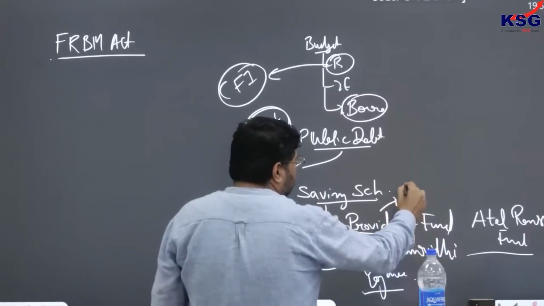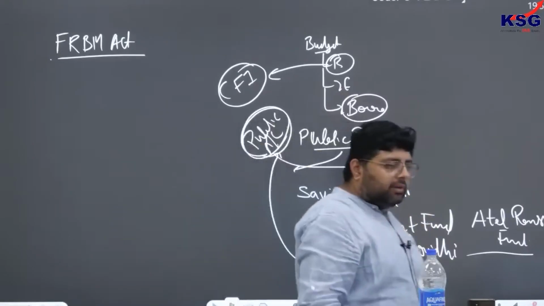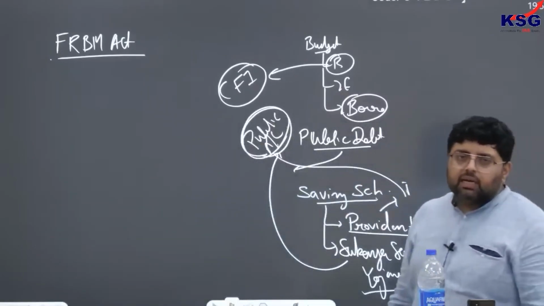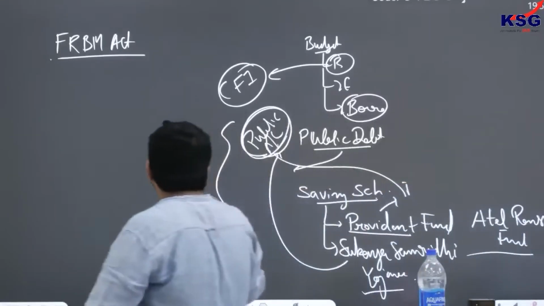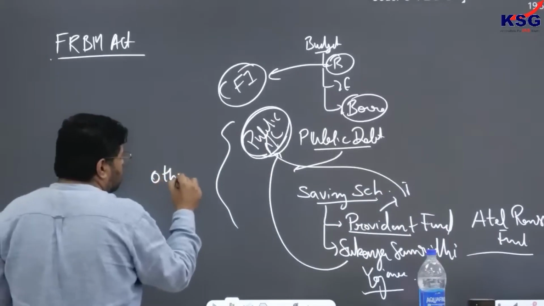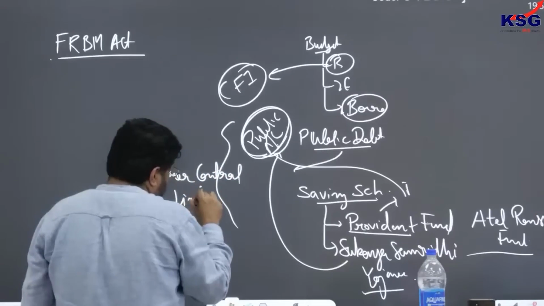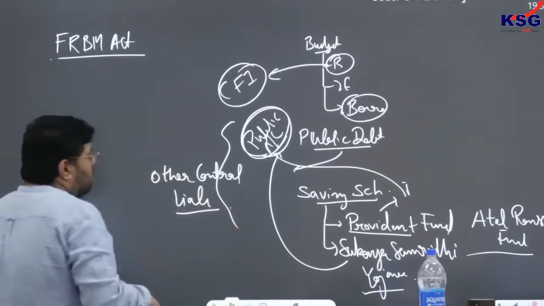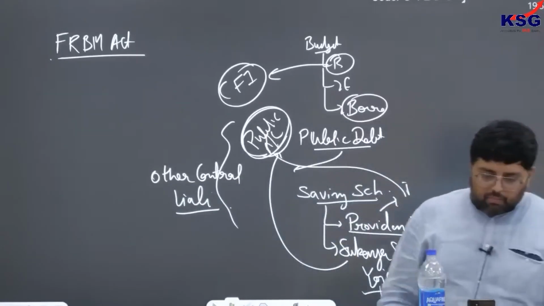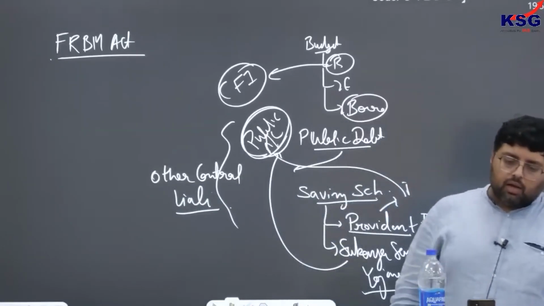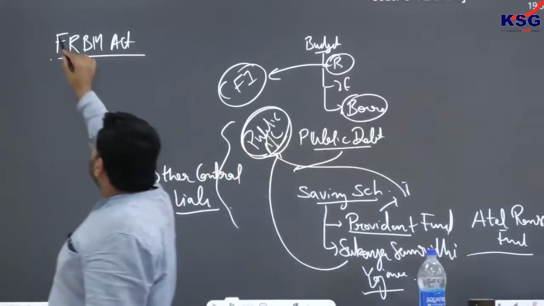So ultimately whatever money is collected by the government through its multiple schemes in the public account is known as other central liabilities. This is what you have to remember. Clear?